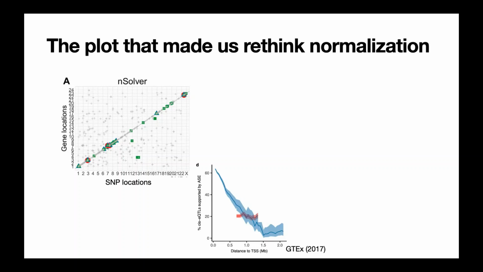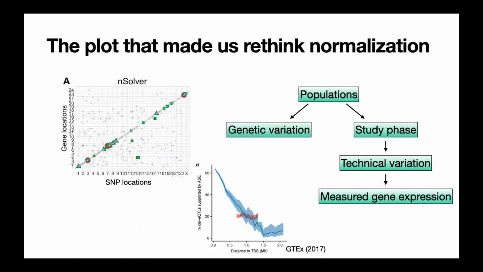What we think is happening instead is this. We have different populations, and populations could be defined by genetic variance. Populations could vary across study phase, so recruitment could be slightly different across phases. The phases also have differences in technical variation because the machines changed and the technology improved over the many decades of the study, and that technical variation affects the measurements we make.